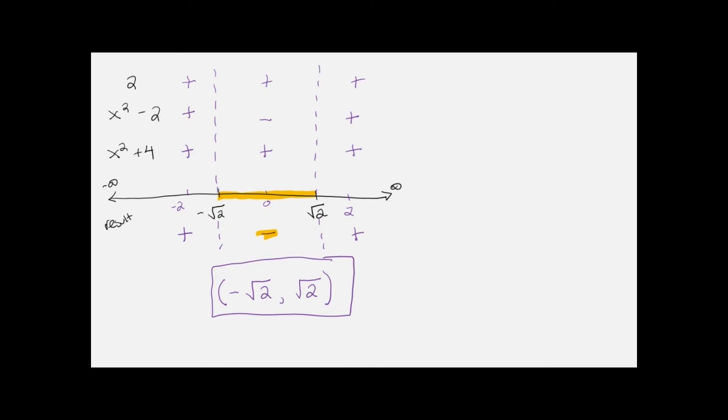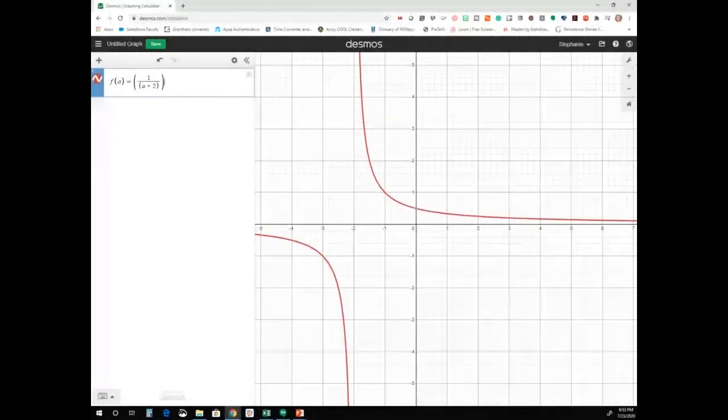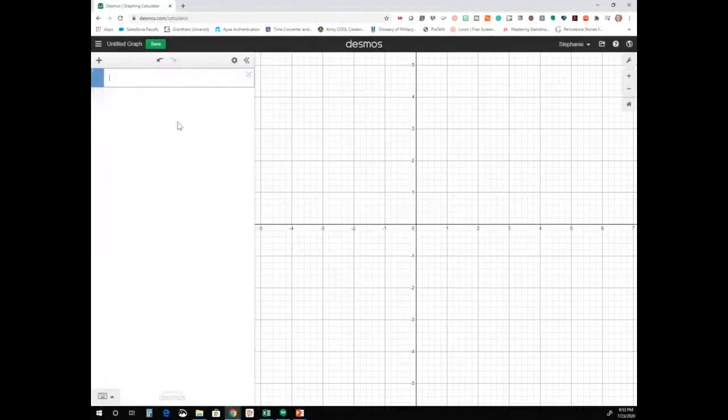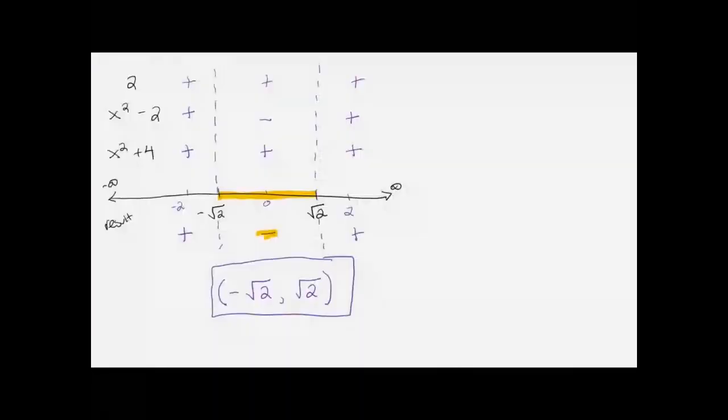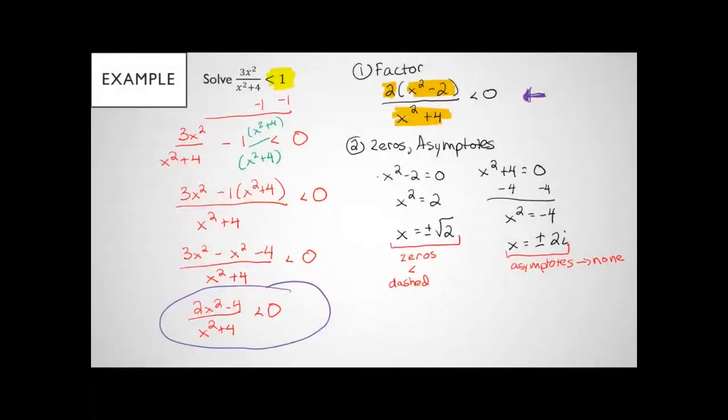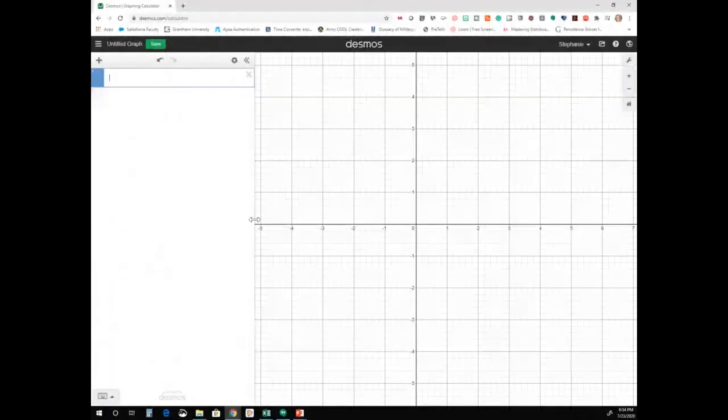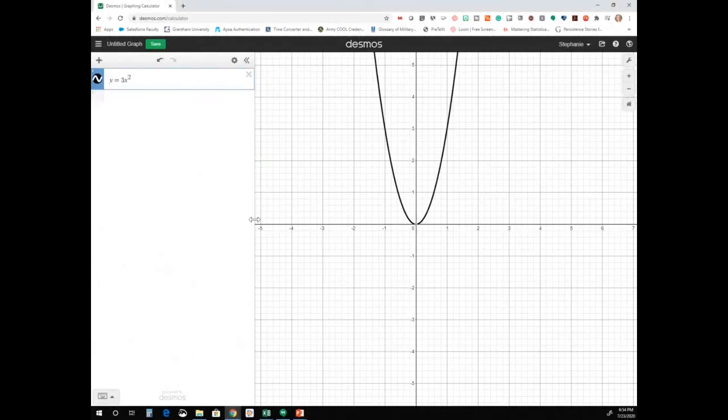I'm going to graph this one and hope we don't have any weird things going on here. So first, I'm going to actually graph the original so you can kind of eyeball and see what that means. So I'll just use y equals 3x squared divided by x squared plus 4.